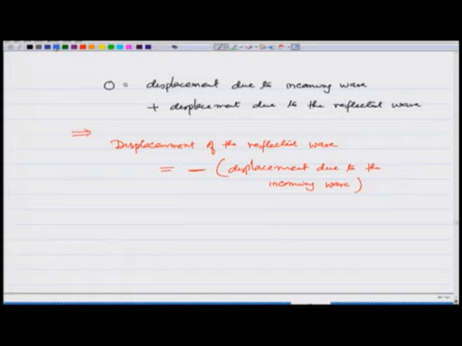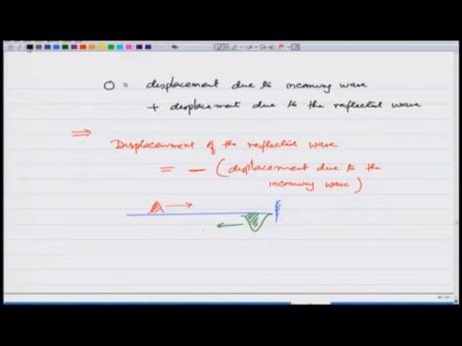So, what will happen is that this wave comes in. Let me show the incoming wave by red. It is coming in towards the wall, and when it gets reflected, it is going to change the displacement direction. So, the reflected wave is going to be in the opposite direction.